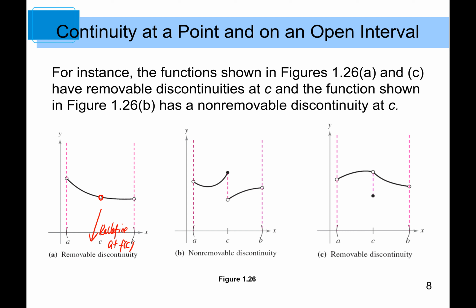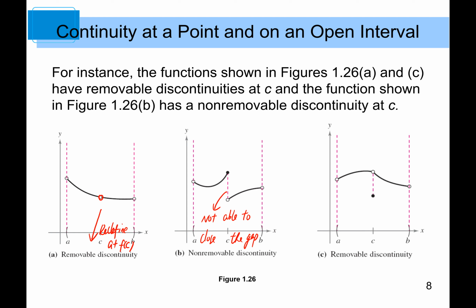And the second case is a non-removable discontinuity, because there's a big gap. So we can never close the gap. Not able to close the gap, and we could not define f of c.